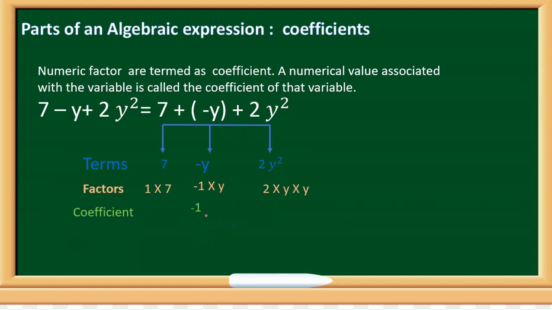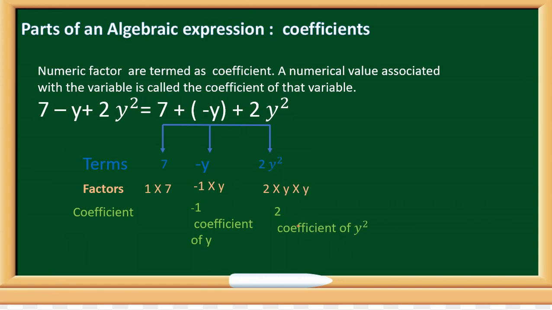Now here the coefficient is minus 1. This is the coefficient of y. This numerical value with the variable is known as the coefficient. So minus 1 is the coefficient of y. Similarly here 2 is the coefficient of y square.